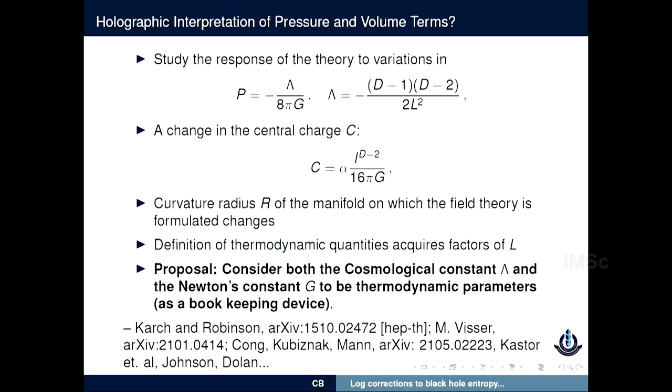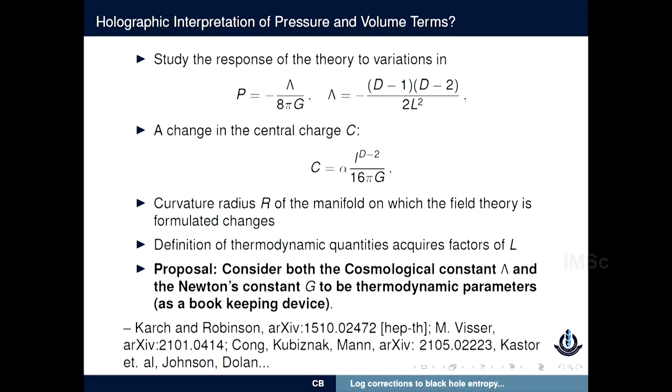So there have been some proposals. Most importantly, the proposal is to consider both the cosmological constant and also the Newton's constant to be thermodynamic parameters. Variations in the cosmological constant are fine, but when you think of variations in the Newton's constant, you have to think how you would address such a scenario.